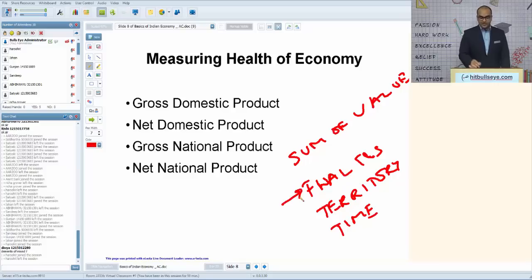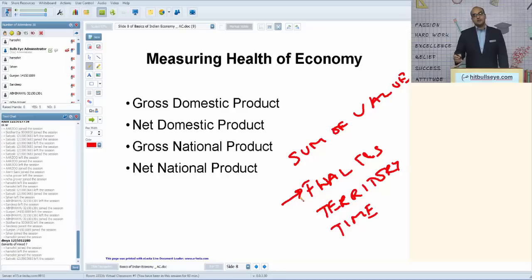When you talk about final goods, we talk about the goods as they are consumed by the end consumer. If you're calculating the value of an automobile, you will not take the values separately of the steering wheel or the seat or the engine. You will take the final value of the car as it is being used by the end consumer like us.